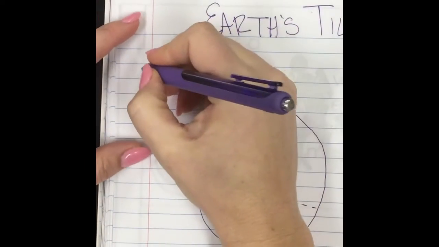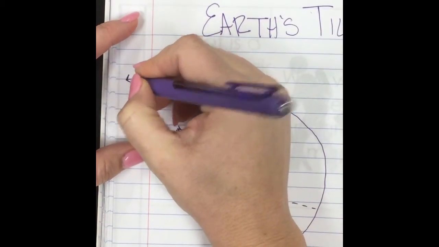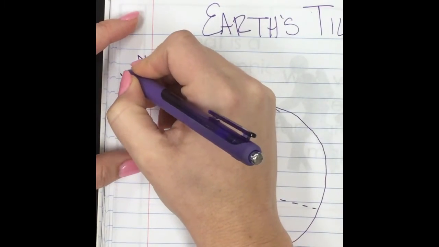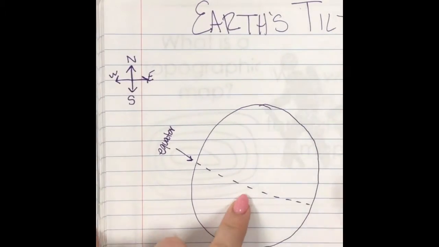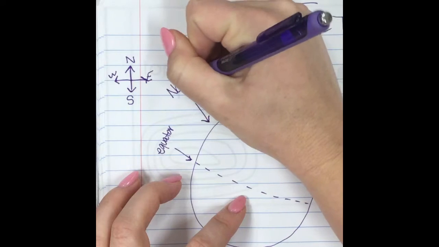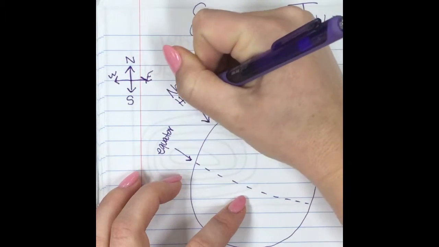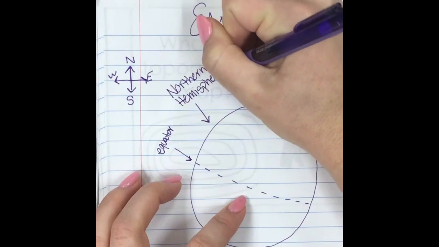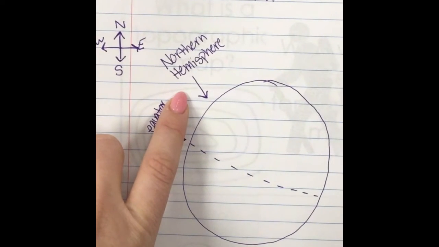So whenever we draw a compass for our directions, we know this way's north, south, and then we have east, and we have west. So the top half of our globe is called the northern hemisphere. The northern hemisphere is where we live here in Texas, in North America.